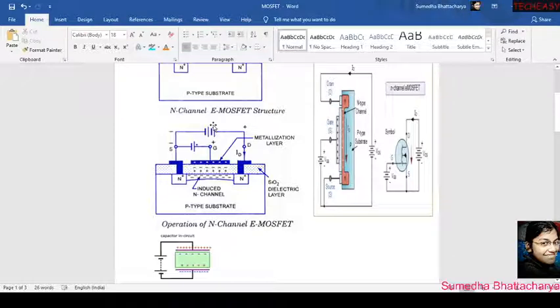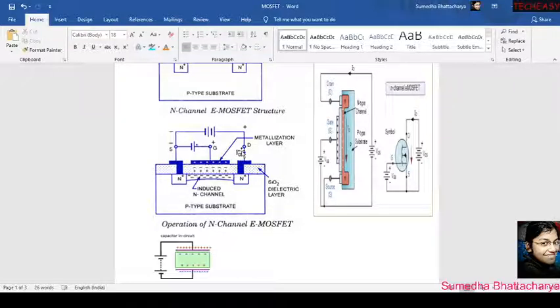Now, this voltage we call VDS, because this is connected between source and drain. Now, when you increase the value of VDS, what will happen? The current will also increase. But can you remember the previous videos?